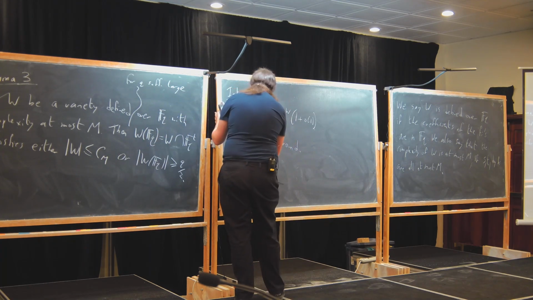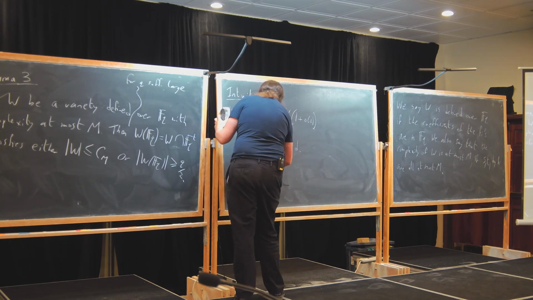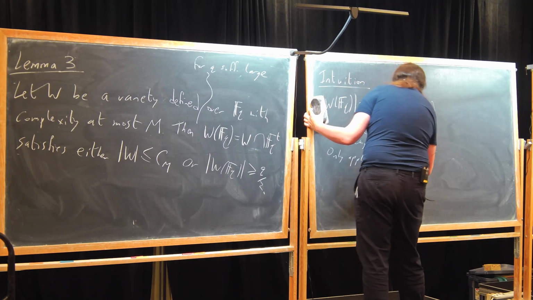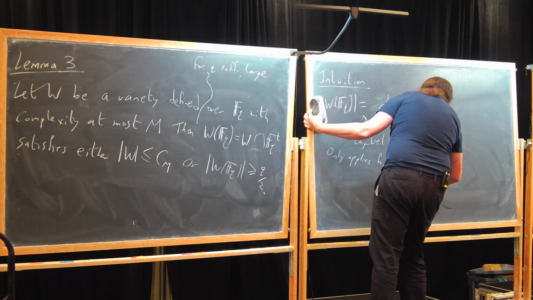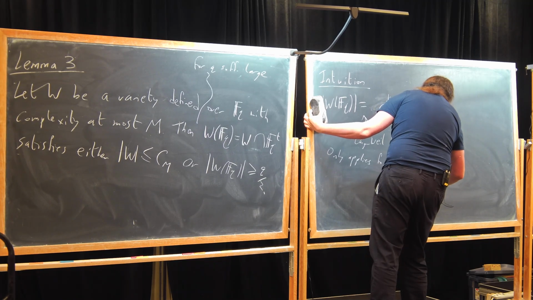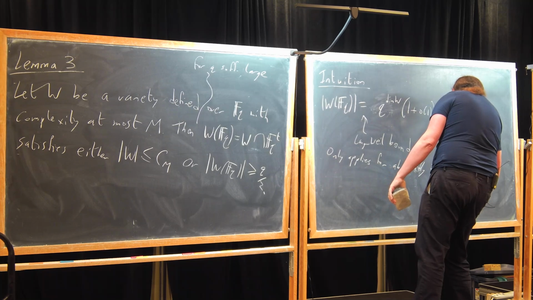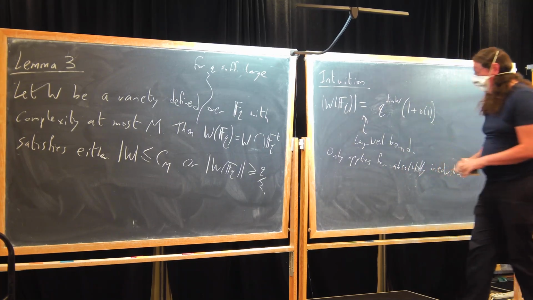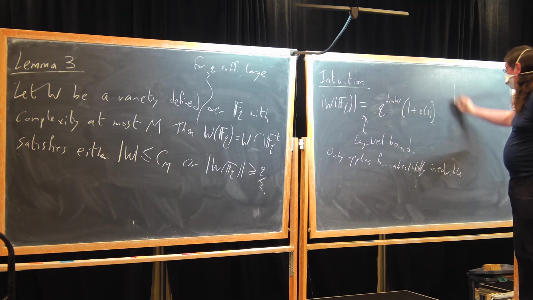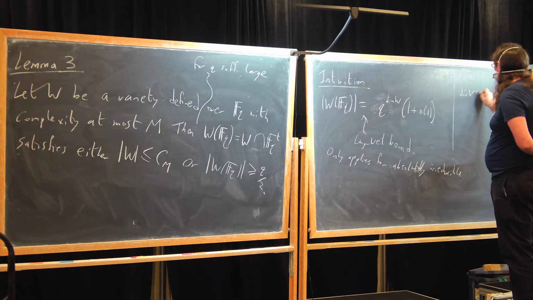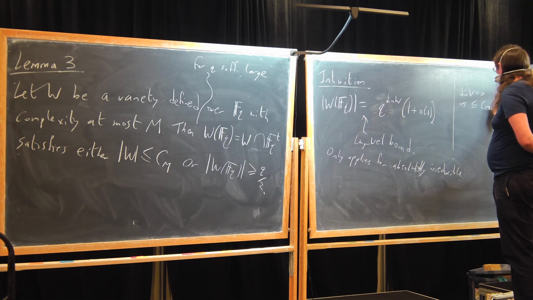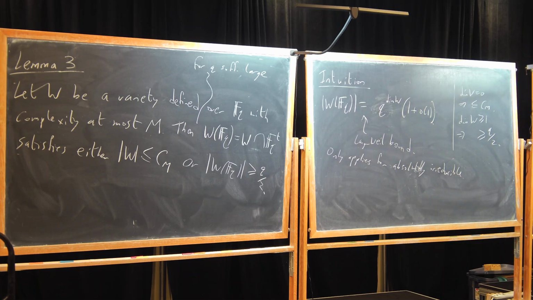So this only applies for absolutely irreducible varieties. But at least that's the intuition: if the dimension of W is 0, then that implies at most constant, and if the dimension is greater than or equal to 1, then that implies that the number of points is greater than or equal to q over 2. And this is the image to keep in mind.